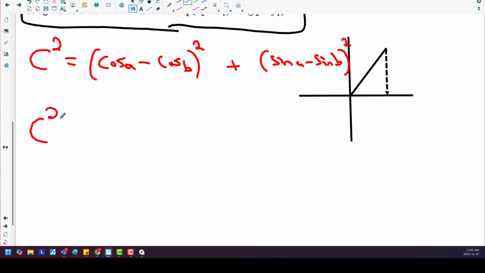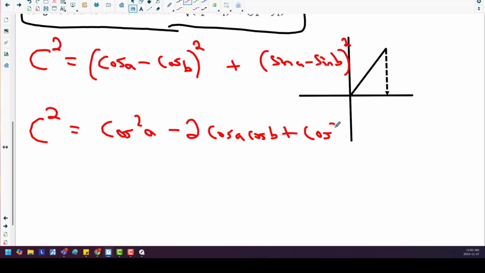So c squared is equal to, this is a minus b squared, right? So cos squared A minus 2 cos A cos B plus cos squared B. So that's the first bracket that's been expanded. And if you don't believe me, you can just multiply it out yourself. And then sine A minus sine B all squared is basically the same thing.